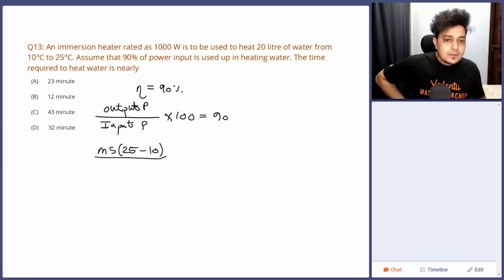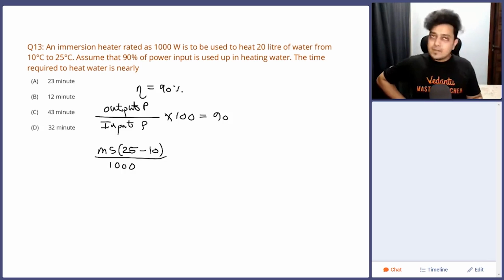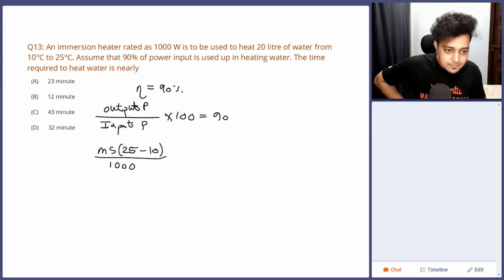Okay, cool. What is the input here? Input is 1000. Into 100, we can keep it as it is, equal to 90%.